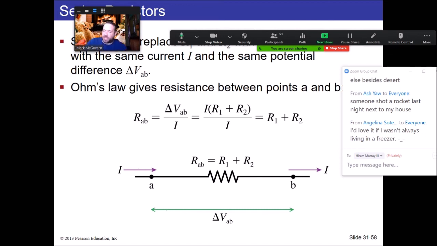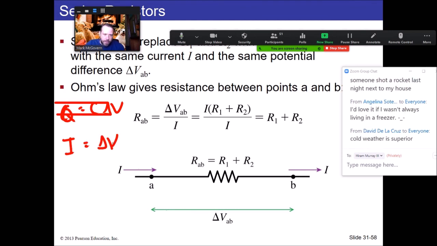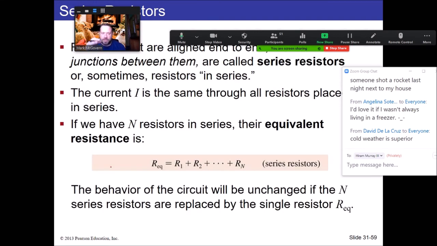And the reason why is because for the capacitor, it's Q equals C delta V, and resistors have a different relationship between the voltage and the resistance. It just comes from the nature of the two equations here. So series resistors add up. And as many of you have in series, you add them all up.